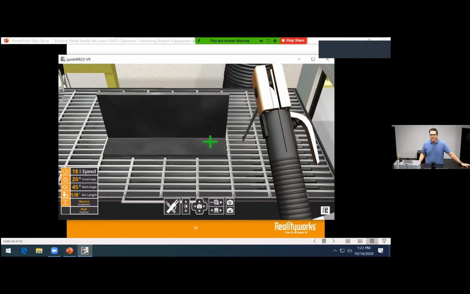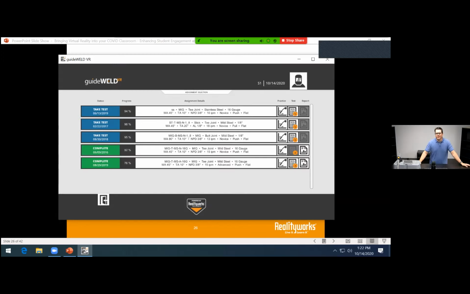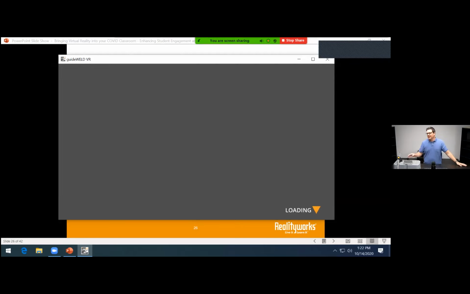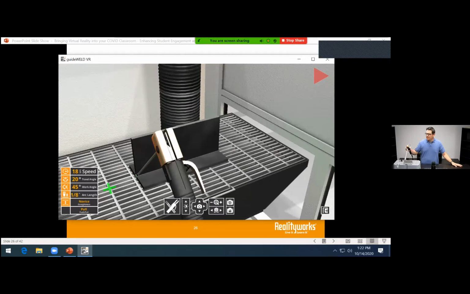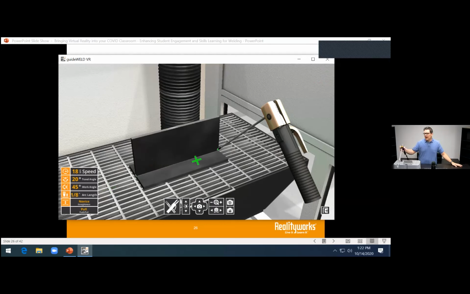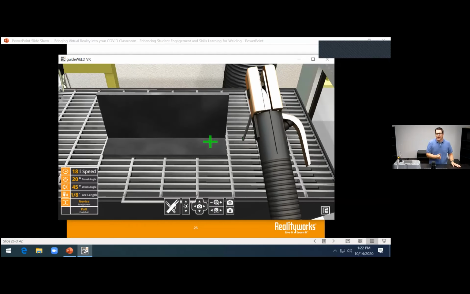Now, if I leave this here, I can come in and I can see that I'm using an 1/8 inch welding plate here, all right? And so in this weld that I'm doing, all right, I can go back in and I can see that with this speed, with this WPS that I have, I should be able to have my speed at 18 inches per minute.